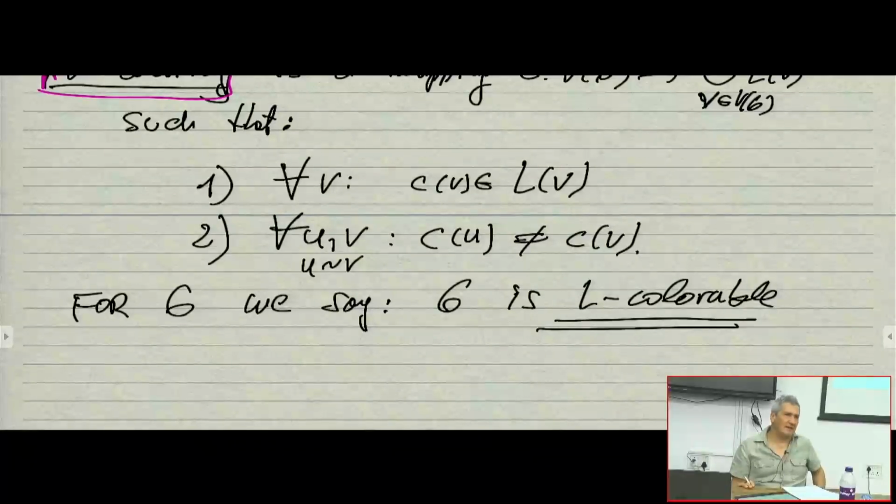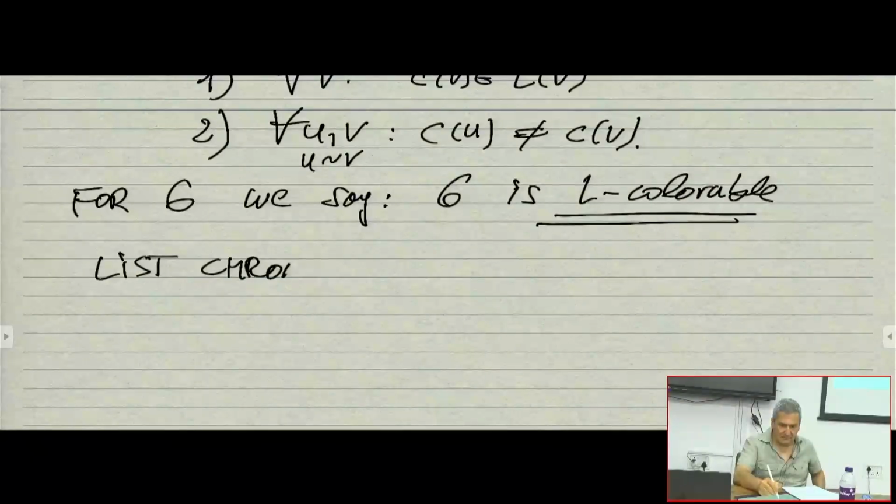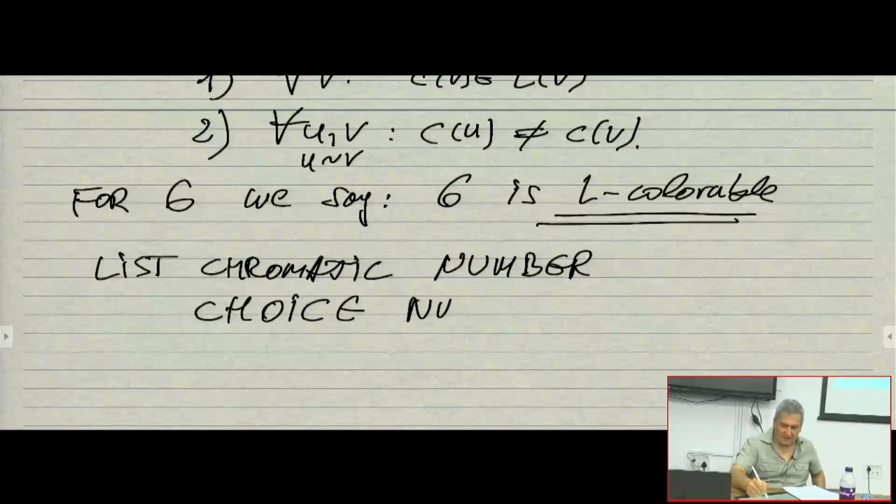Okay. Next, we define the list chromatic number. Also, it's called choice number. Have you ever heard of these list colorings?